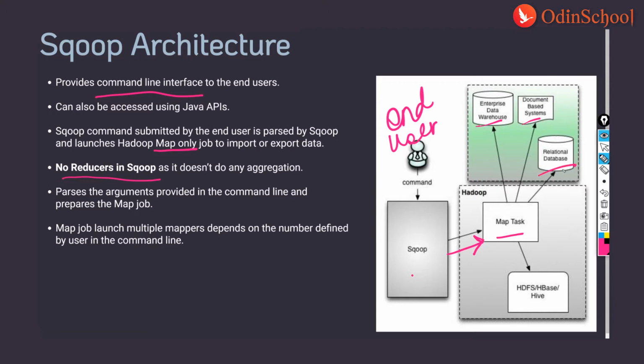All these three are possible. The job launches multiple mappers depending on the number defined by the user in the command line. Whatever number of mappers you specify, that many mappers would be invoked. And finally, the data would be stored to HDFS, Hive, or HBase.